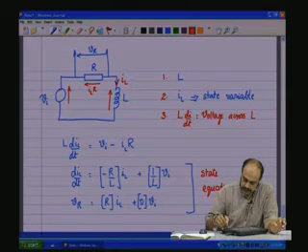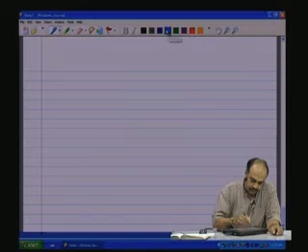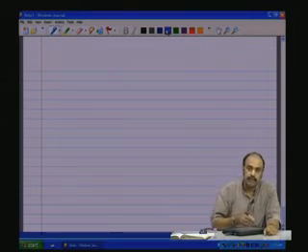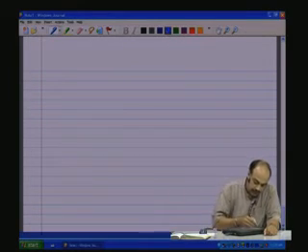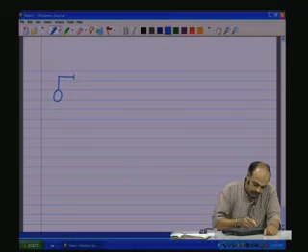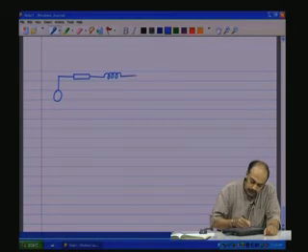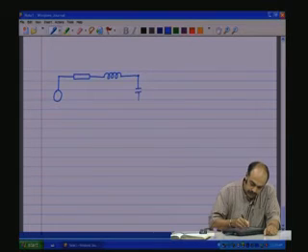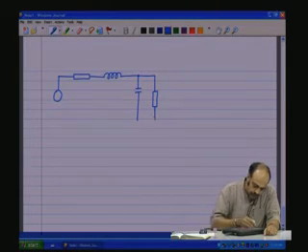So, let us take a bit more complex, actually simple, but just a bit more complex compared to the earlier RL and RC circuits that we have been seeing. The third example is like this. Let us have an R, let us have an L, let us have a node with a capacitance C, and let us have another resistance across C as shown here.